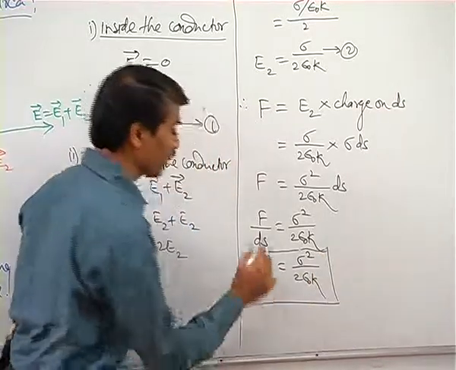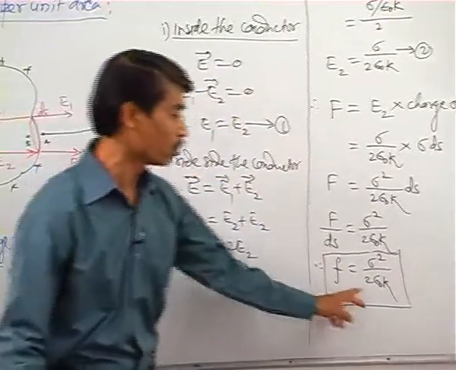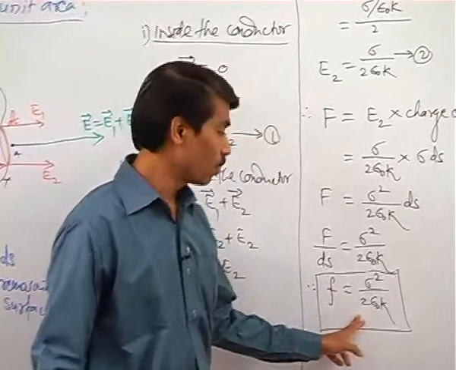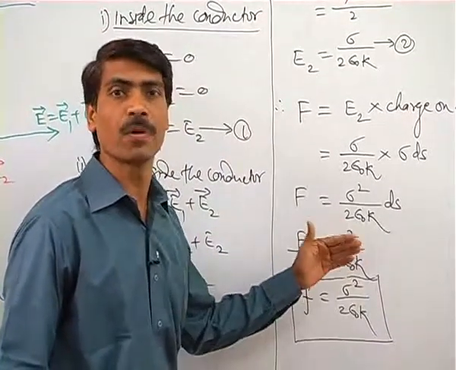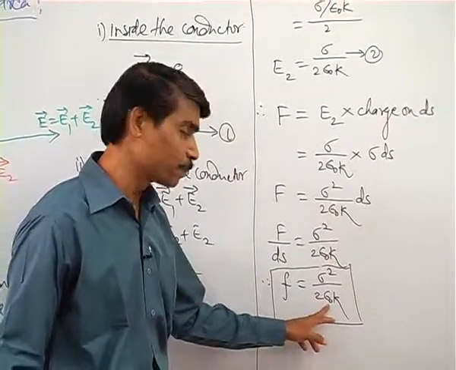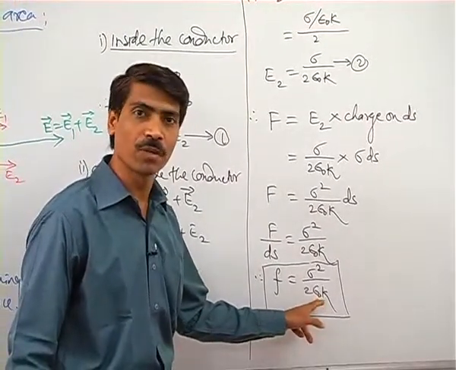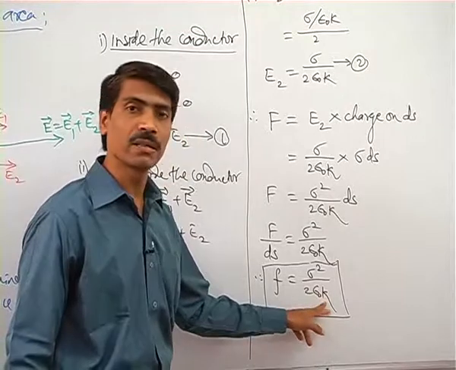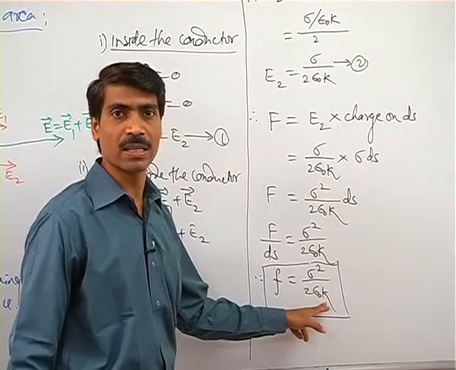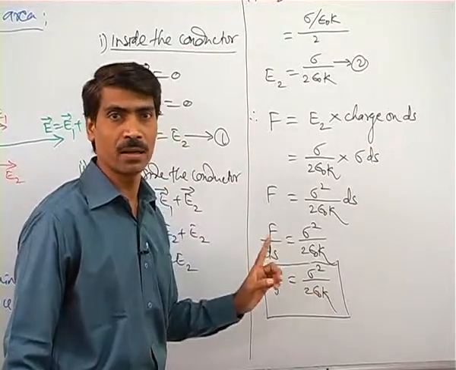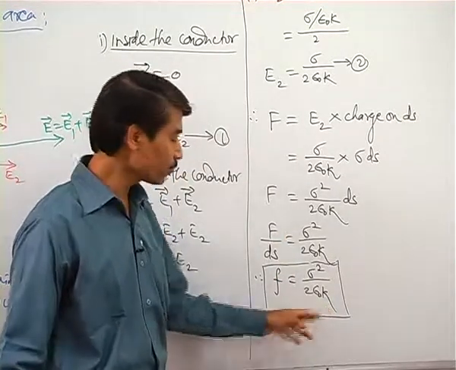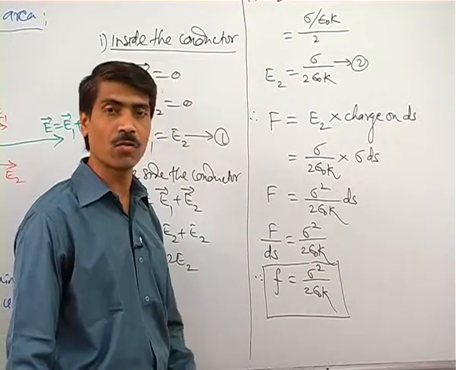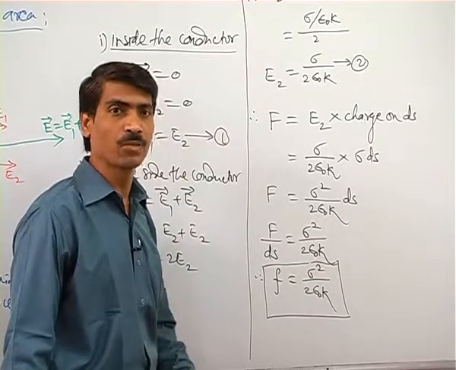The mechanical force per unit area formula is sigma square upon 2 epsilon naught k, where sigma is the surface charge density, that is nothing but charge per unit area, epsilon naught is the permittivity of free space, and k is the dielectric constant, which is 1 for air, and for any other medium the k value will be given. So this is the final expression we got for mechanical force per unit area.